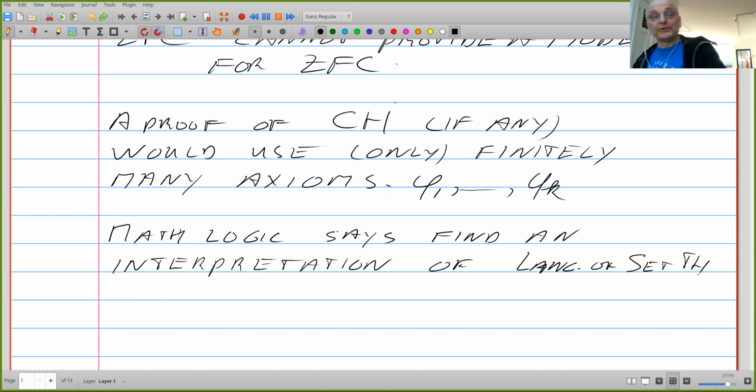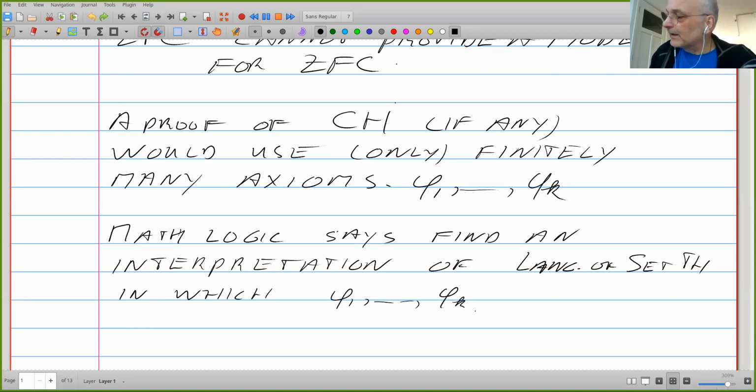There's not much to interpret there, only the element of symbol, and if you want, the equality sign, in which phi 1 up to phi k are valid.